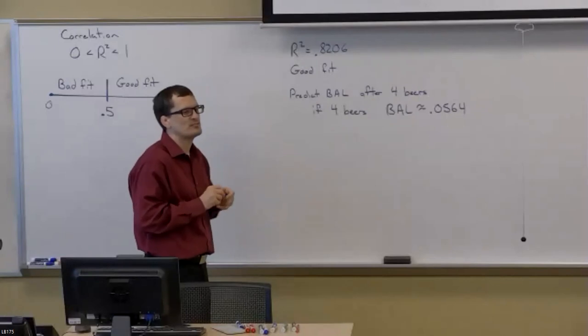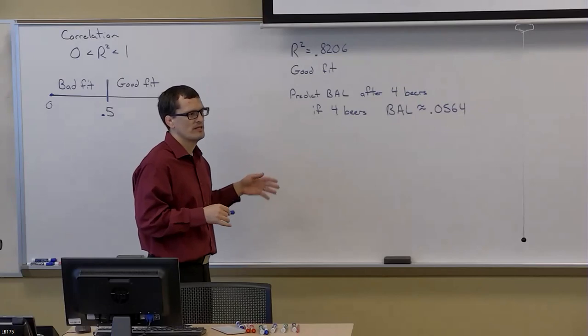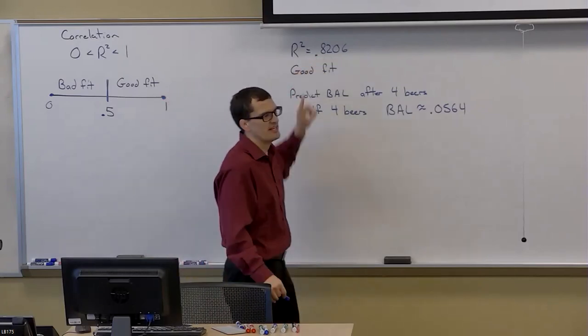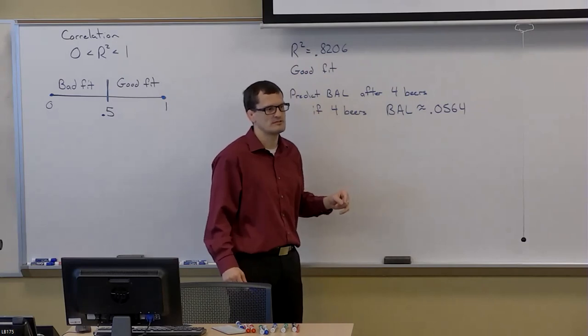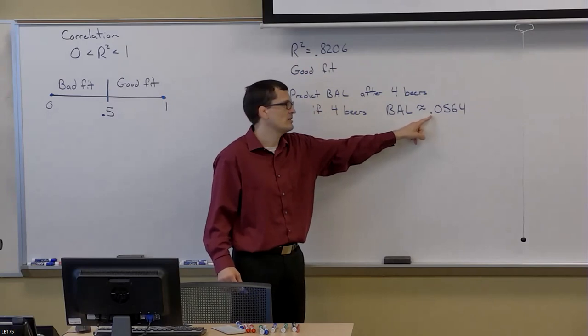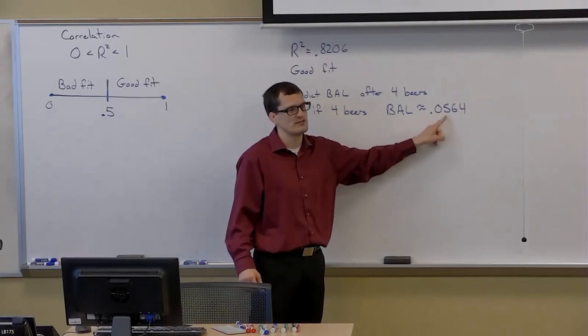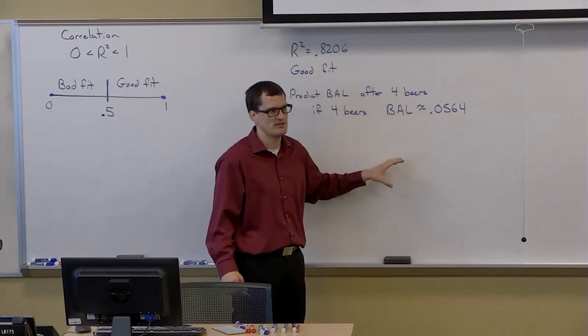When you're making these predictions, though, remember there's a little bit of wiggle room. This is not a perfect fit. So if you had 4 beers and then waited 2 hours, don't imagine your blood alcohol level is going to be exactly 0.0564. It could be off by a little bit, right?